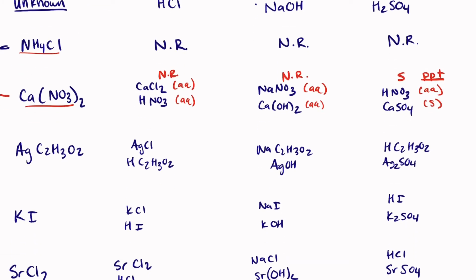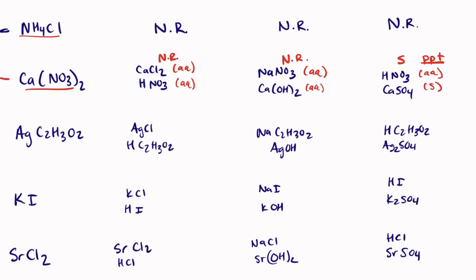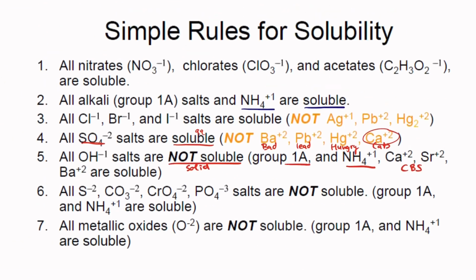Okay, so let's look through the next ones. We have silver chloride. That one is going to be a solid, actually. Chlorides are always aqueous except for silver, lead, and mercury. And then here, this guy's going to be aqueous, so we're going to get a precipitate, PPT. Sodium is always going to give you something that's aqueous. And then silver hydroxide.